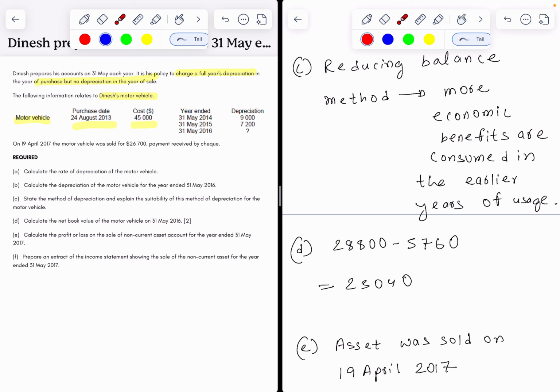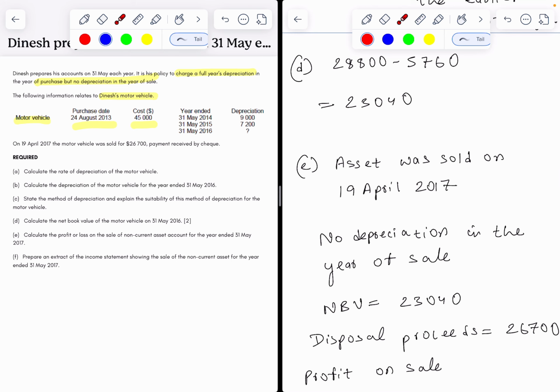Let's answer question E. Calculate the profit or loss on the sale of the non-current asset for the year ended 31 May 2017. Now we know that we have disposed of an asset on the 19th of April 2017, and we have sold that asset for $26,700, and we received the money in our bank account. All right?